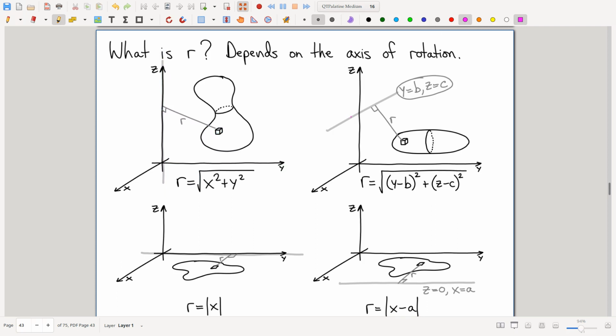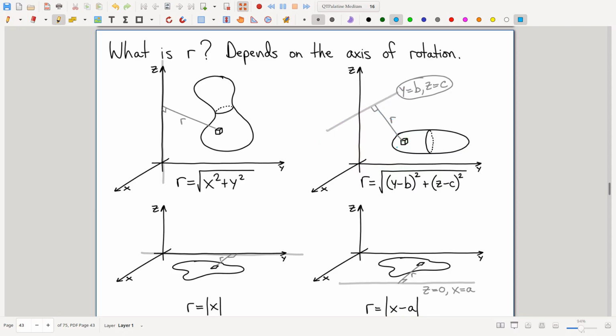We might be rotating around some other line like that. And if I've got a little piece of mass at some location, this distance here is not the cylindrical R for that point. It's just not. Totally different. So that axis might take various different forms, and so this expression might take various different forms.